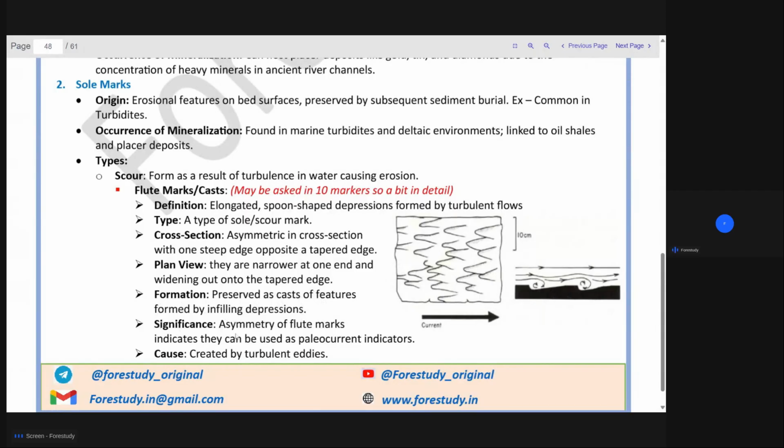Significance: the asymmetry of flute marks indicates that they can be used as paleocurrent indicators. Very important, they are used as a paleocurrent indicator and also as a bottom of bed marker, a bottom of bed indicator. They are created by turbulent eddies.